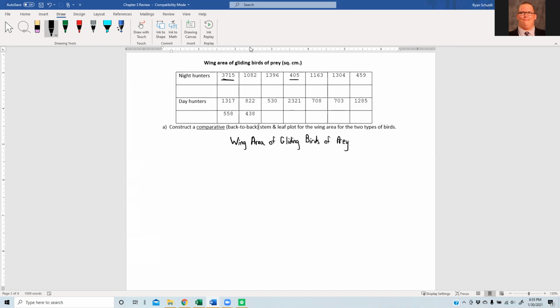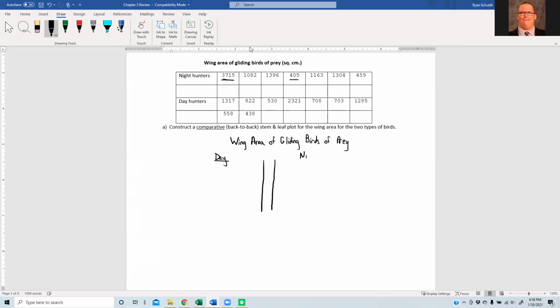So if I just did it by the thousands, my dot plot's not going to be much. So let's put day over here. Draw our line here for the comparison.